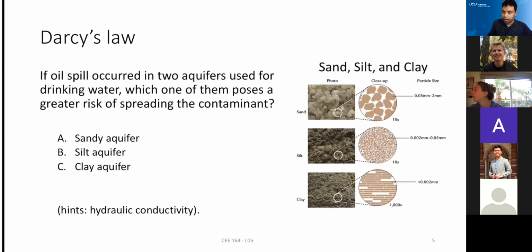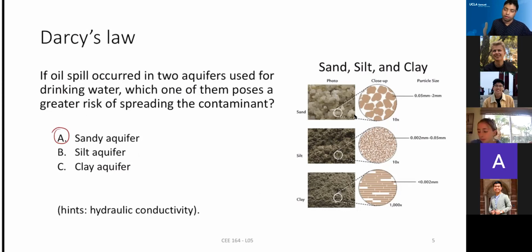All right, let's end the poll. As you see, most of you say the answer is A. The question was how far the pollutants can go, which has a greater risk. Risk is high when the pollutants move faster, and pollutants move faster if water moves faster, or if the aquifer has less adsorption capacity.